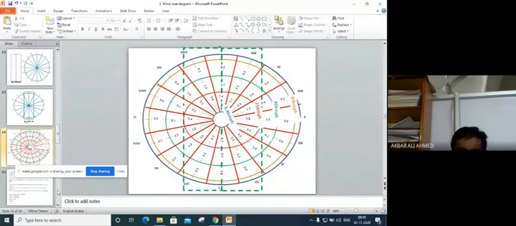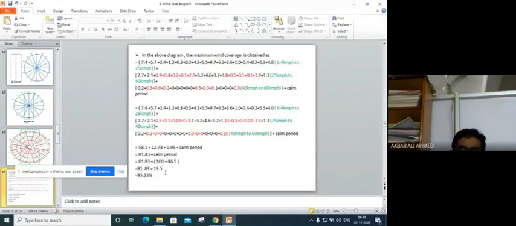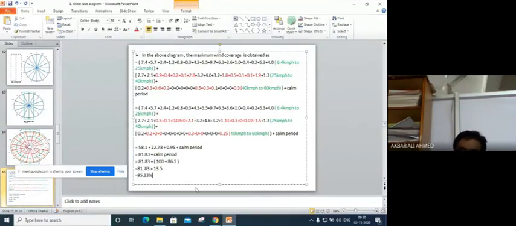Here our job is already over because we are getting more than 95%. The wind coverage is more than 95%, and once we get more than 95%, that means our answer is correct. If it is less than 95%, then you have to check for other orientations also.